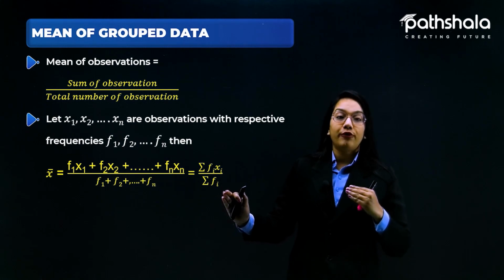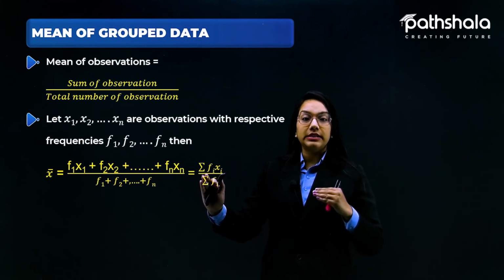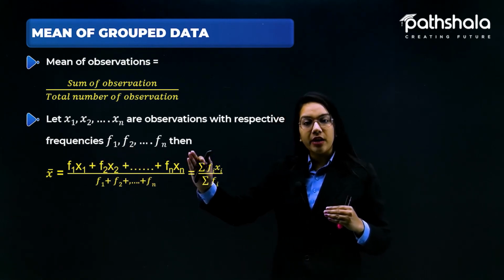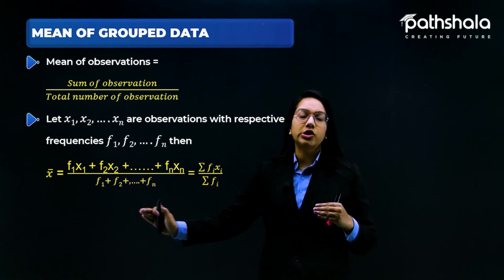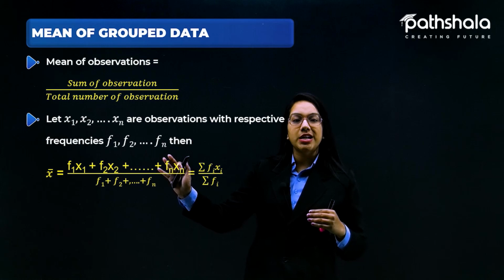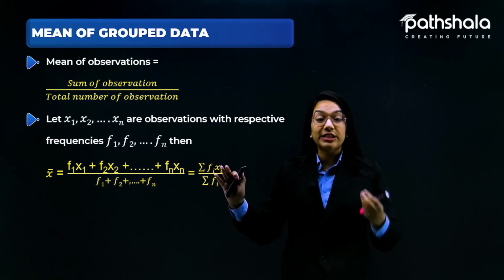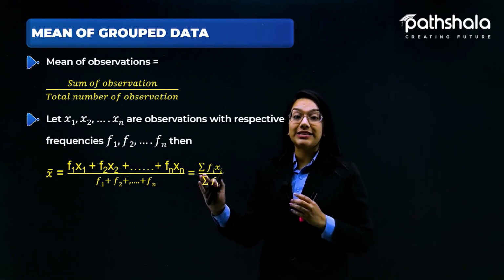This sigma fi xi represents the whole numerator, and sigma fi represents the whole denominator. We can represent the formula in this form with the help of this special symbol, sigma.